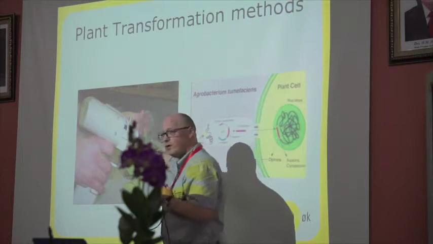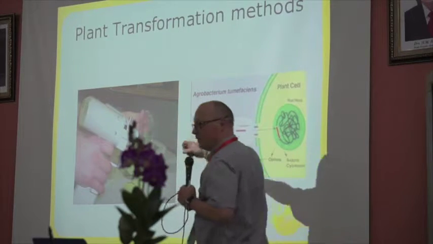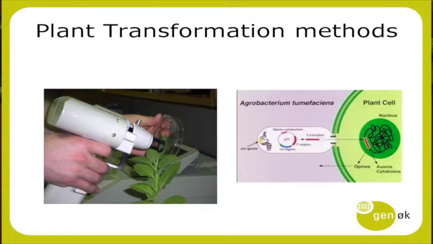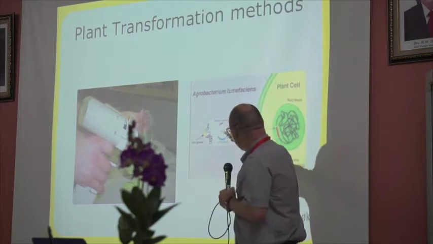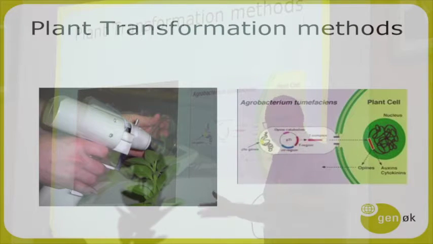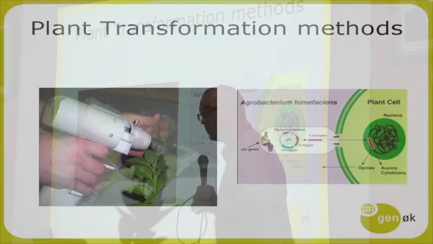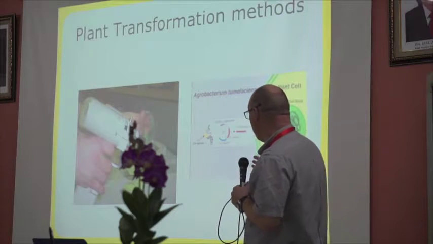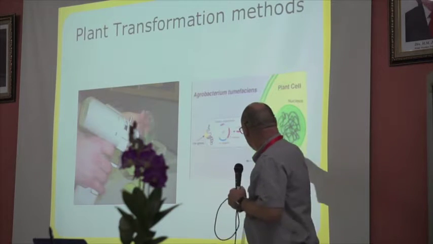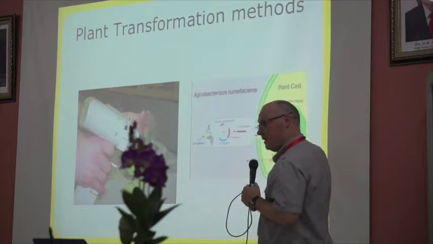Ballistic bombardment, really just high pressure, shooting it into the plant. Or by the use of this bacteria. You give it to bacteria because that's easy. We've done that in research for years. And this particular bacteria, agrobacterium, if you know plant biology or are connected to crops in any way, I'm sure you have heard about agrobacterium. It will put that DNA into the plant.